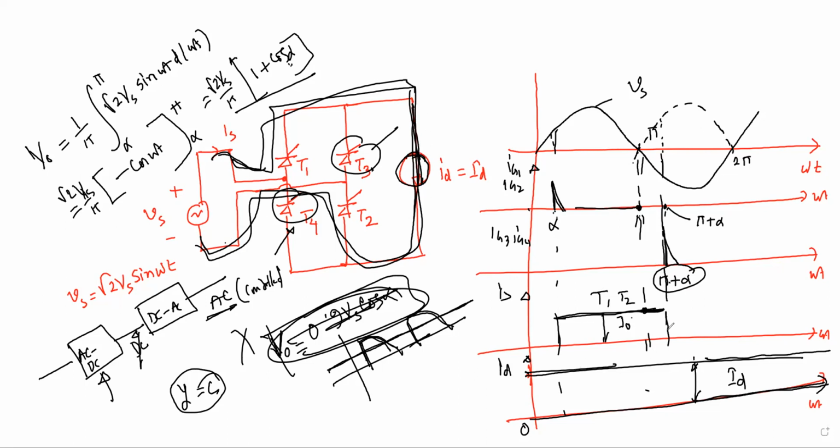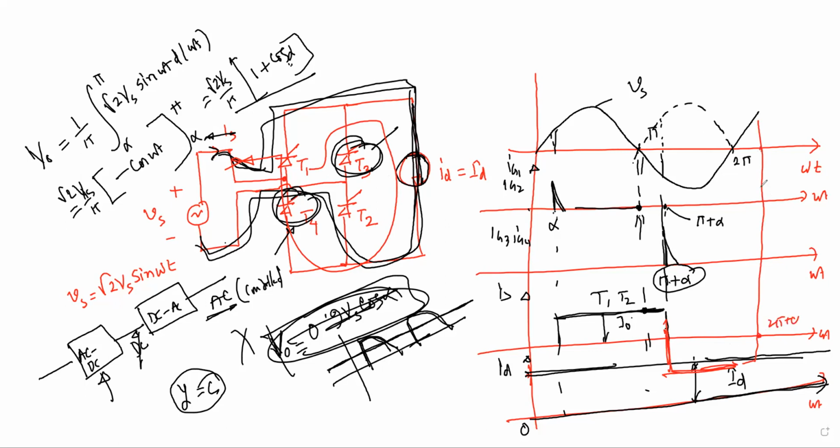Look here. When T3 and T4 are conducting, of course IS will have changed direction, right? We have already seen that in our diode case. T3 and T4 conduct, and it will go back through this one. Then we have that negative current from this one, from twice pi plus alpha.